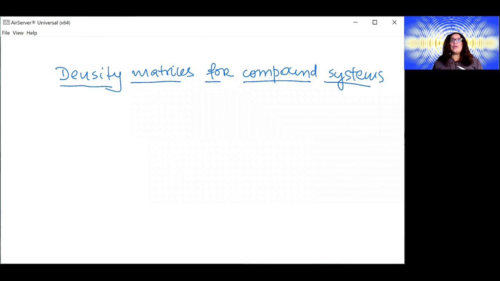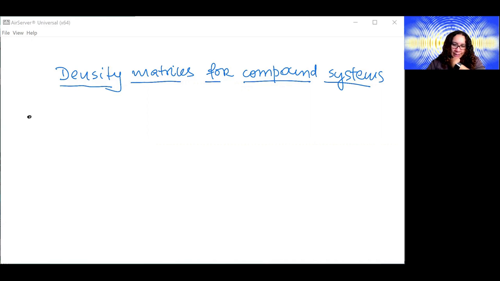How are we constructing this? And what do we care? Well, we have already done density matrices for isolated systems, and now we need to generalize this.